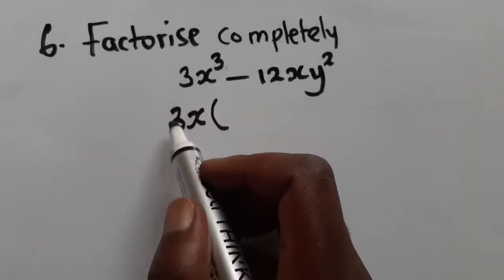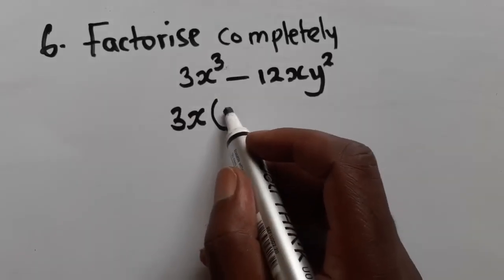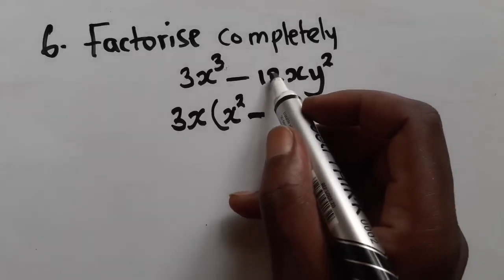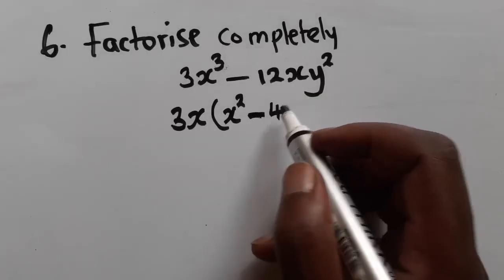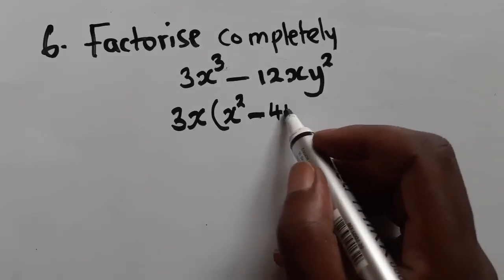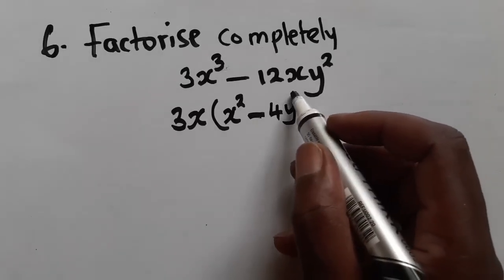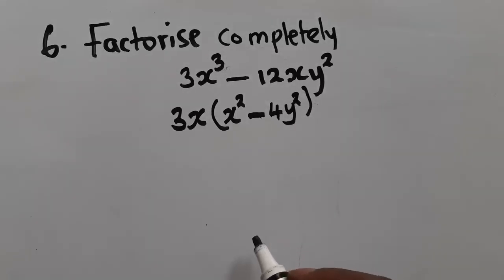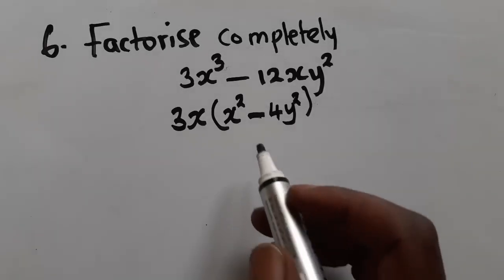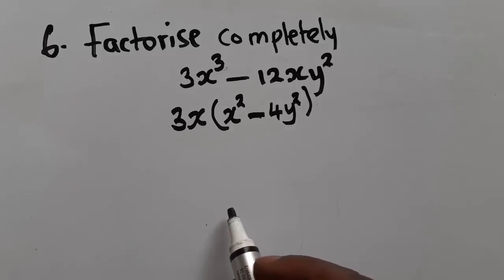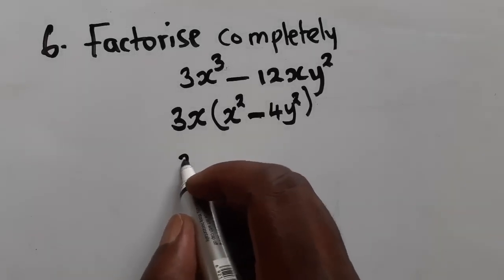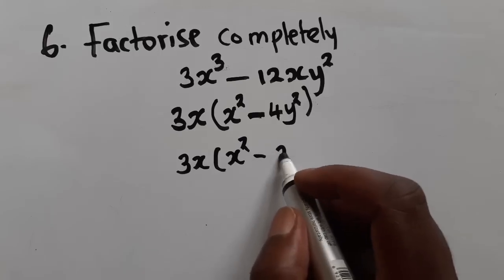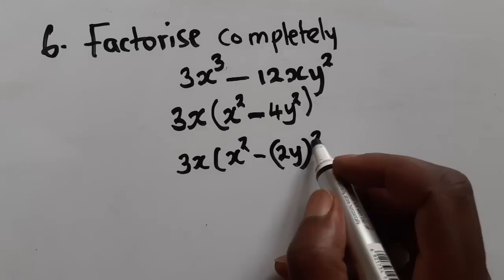Now here when we remove 3, and x is outside, we remain with the x squared minus 12 divided by 3, we get 4. This x is outside, so we remain with the y squared. All right, so you check what is inside, and when you closely look at it, you'll be able to see that we can factorize this one using a difference of 2 squares.